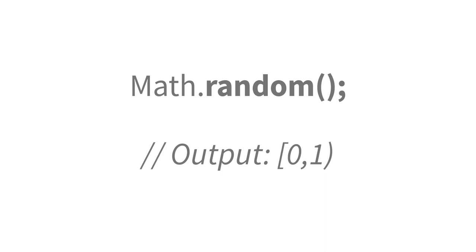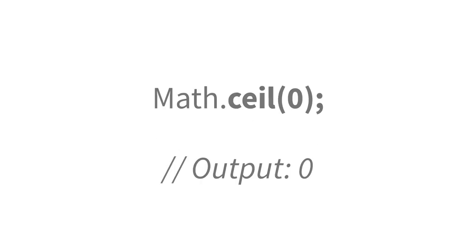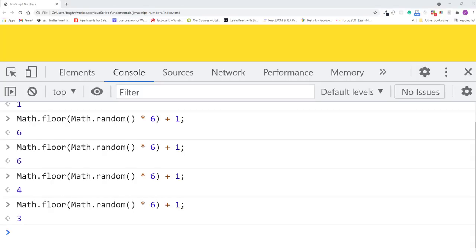Remember, Math.random returns a number in the range of 0 up to but not including 1. So the random number returned could be 0, and using Math.ceil on 0 returns 0. So with that approach, there is a chance you would end up with numbers from 0 up to and including 6. With Math.floor plus 1, we make sure that the lowest number returned is 1 instead of 0.